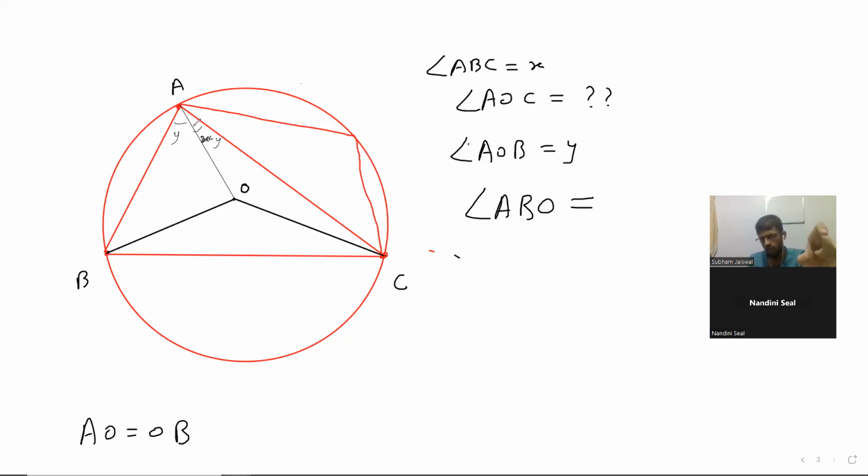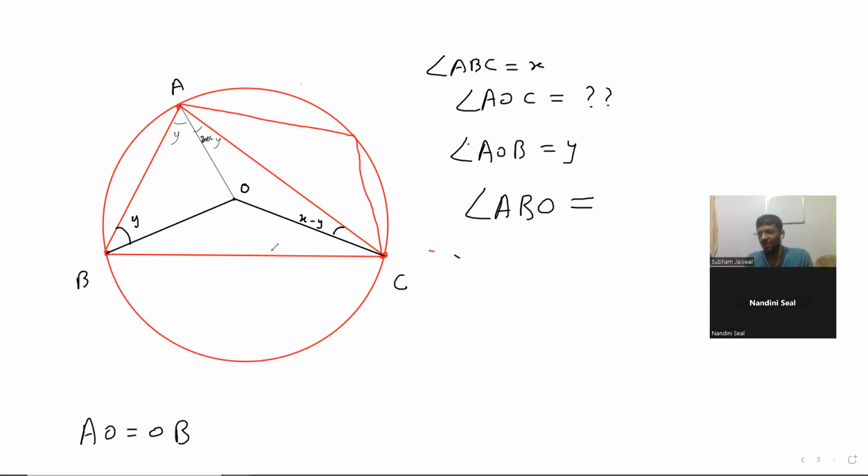See, AO is equal to OB. Then if angle OAB is y, then what should this angle be? That's all I'm asking. What is ABO? Yes, that's easy, right? And similarly, this is x minus y.